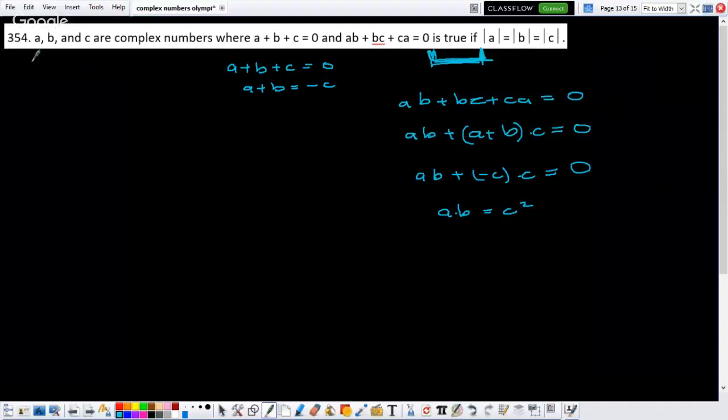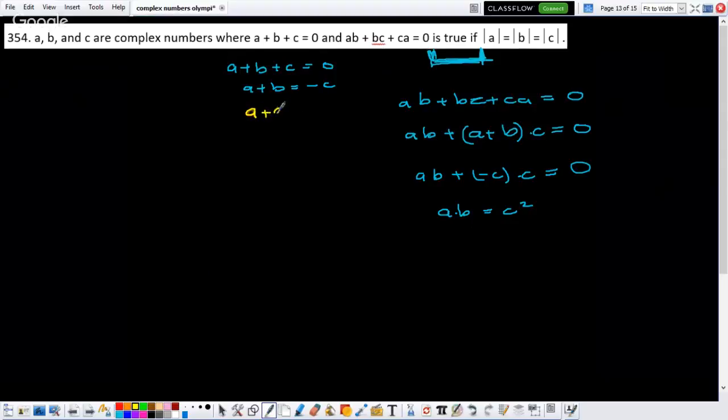By the way, again, I'm repeating this part. This is not a question from the blue book, I found it from Sigma. And A times B is equal to C squared. Then if I apply these terms for B, let me change the color.